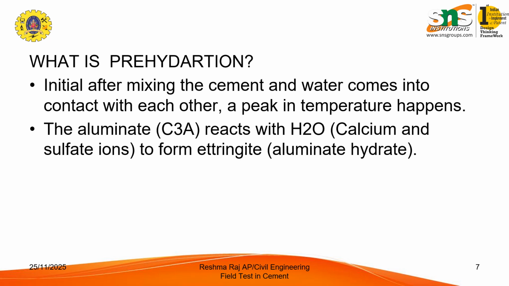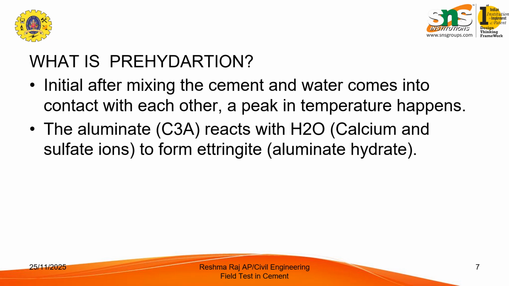Prehydration in cement refers to the reaction that takes place between the cement particles and water. As I told you before, it can occur when cement comes in contact with water, moisture content or high humidity conditions, leading to the formation of a hardened layer on the surface of the cement particles.